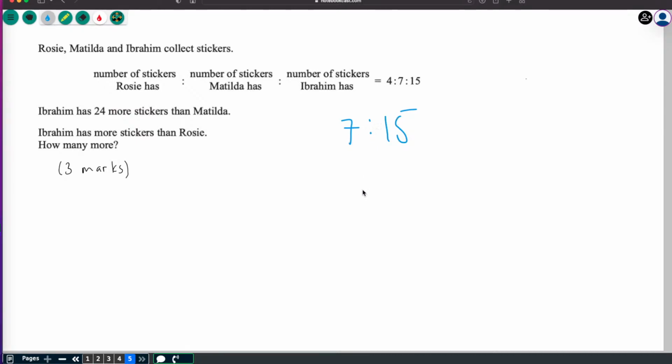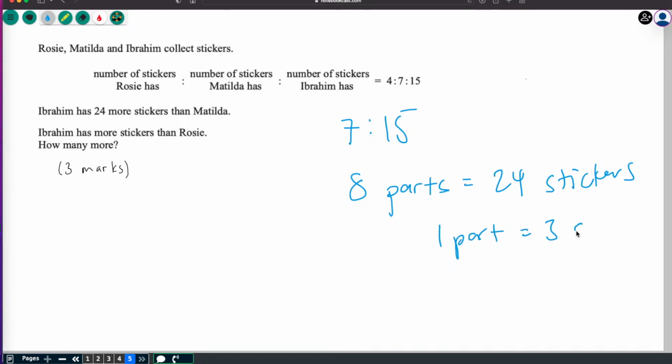So 7 to 15, that's 8 parts. And we're told that that's worth 24 stickers because the question says Ibrahim has 24 more stickers. So that means if 8 parts is 24 stickers, then 1 part is going to be 3 stickers.